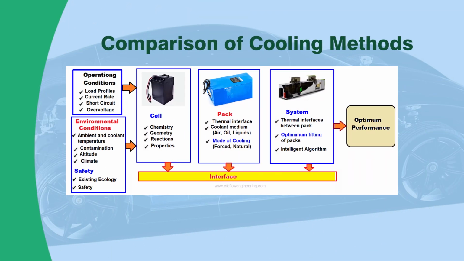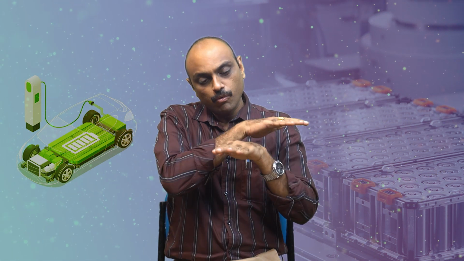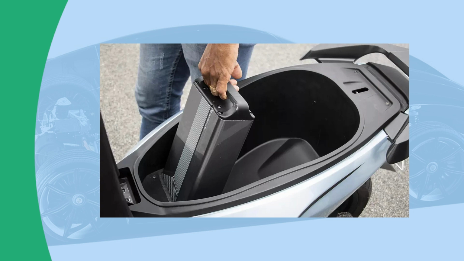So, as said, the geometry of the cell and how you have placed it matters, whether you have placed it in a flat way. For example, a car battery is placed beneath the seat in a horizontal way. In a two-wheeler, the placement of the battery pack will be vertical.